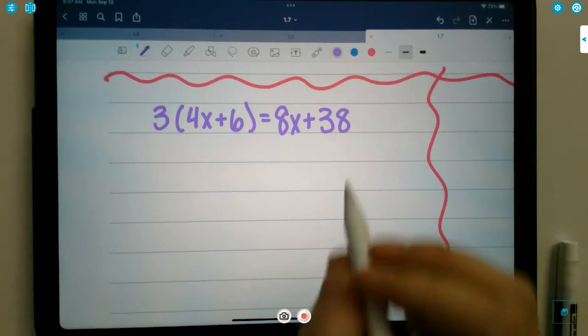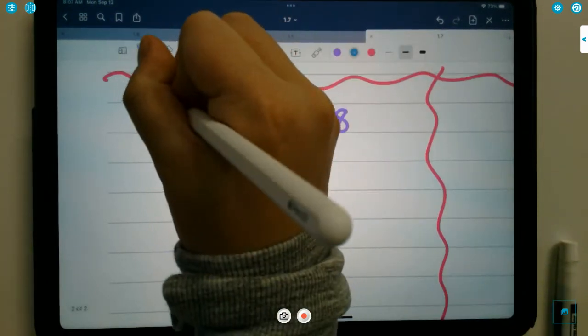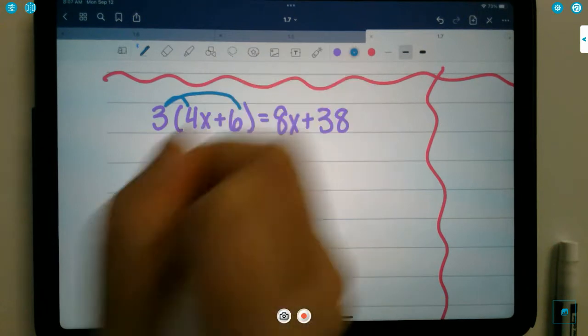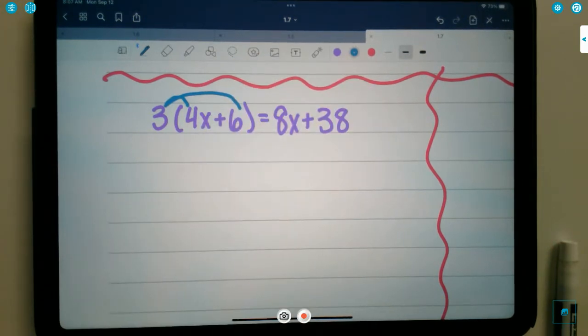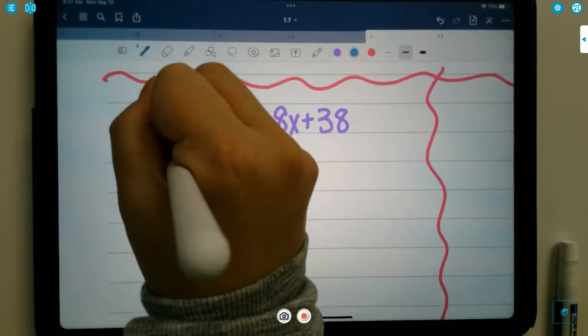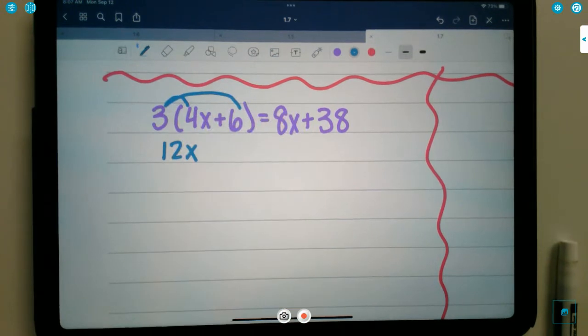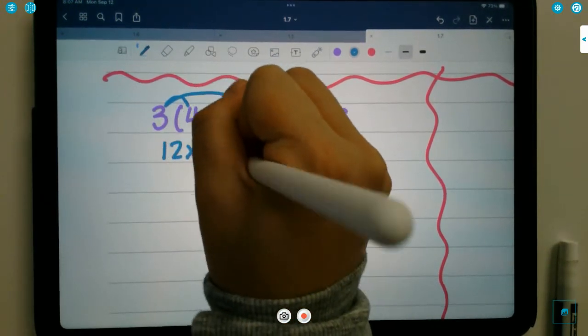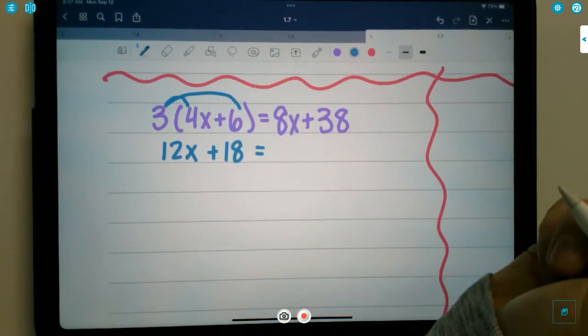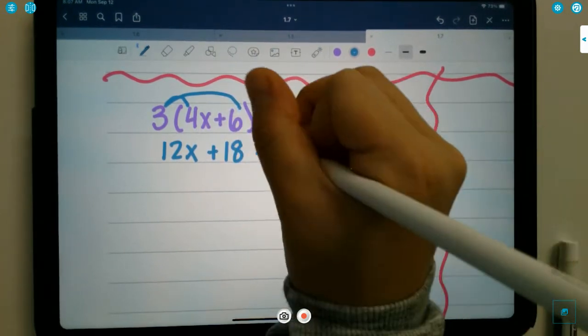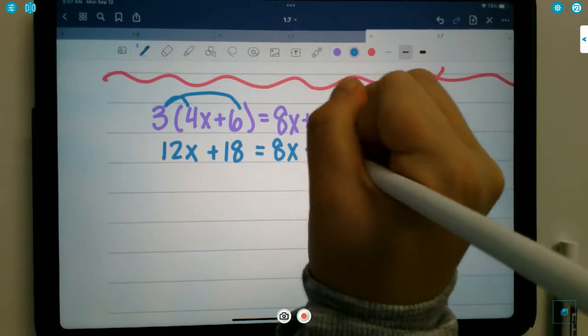So I'm going to distribute that 3. 3 times 4x, 3 times 6. 3 times 4 is 12, so I have 12x. And 3 times 6 is 18, so I have plus 18. And there's nothing I need to do on the right side of that equation yet. I just have 8x plus 38.